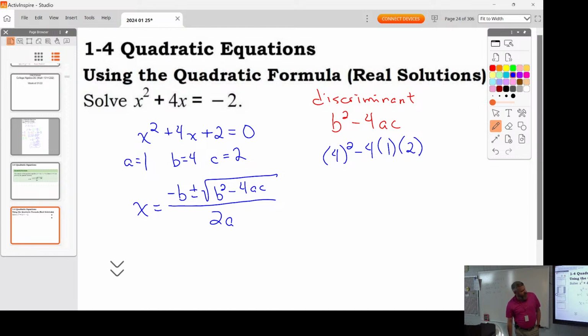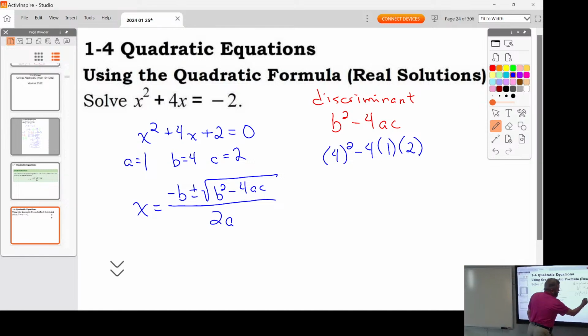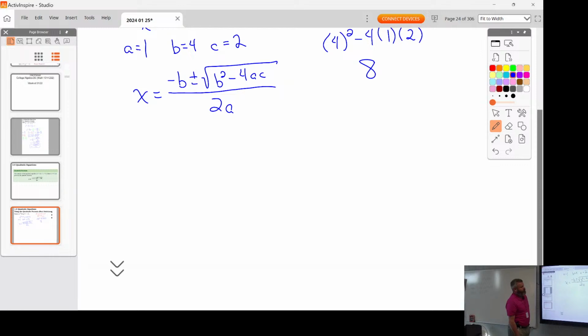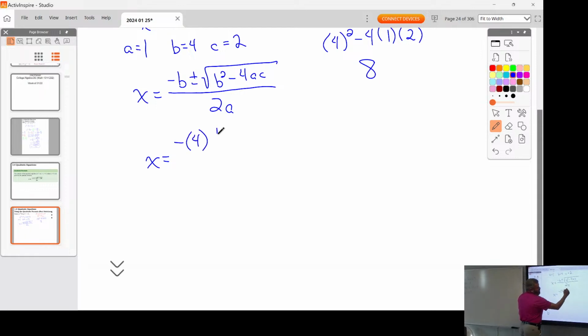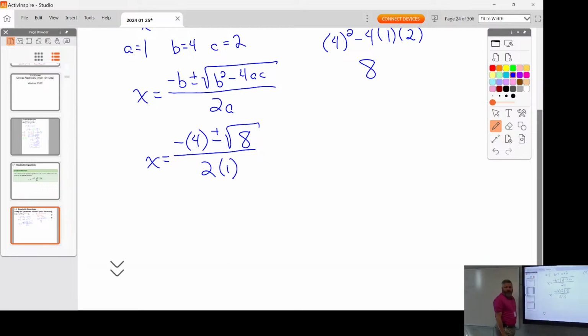So here we have what? 16 minus 8? 8. My discriminant is 8. Back to the quadratic formula. X is equal to negative B, which is 4, plus or minus the square root of the discriminant, which is 8, over 2 times A, which is 1. I'm just plugging stuff in.